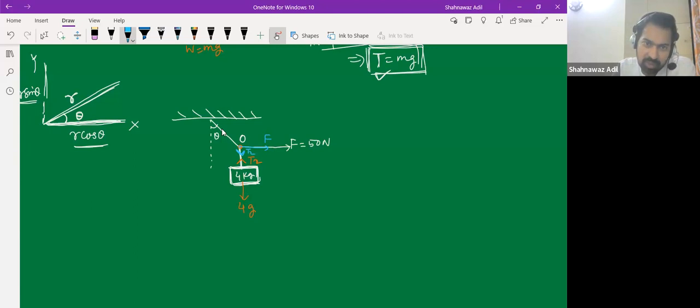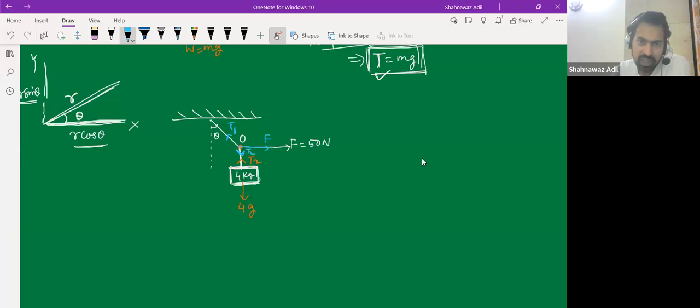Remember this is a string, so in the opposite direction this point will again feel some tension. But this would be different because these lengths are different. Is this part clear to everyone?